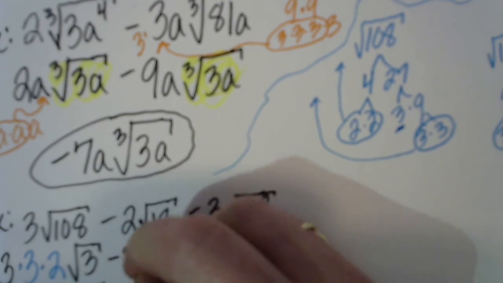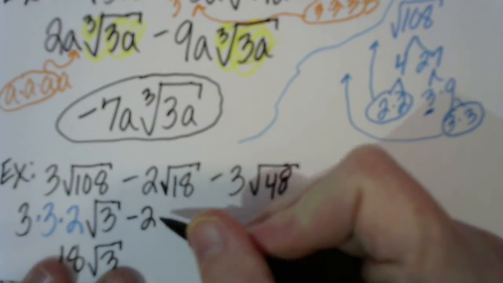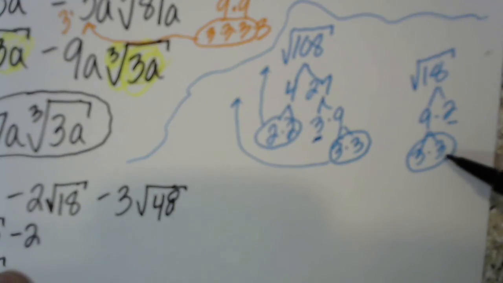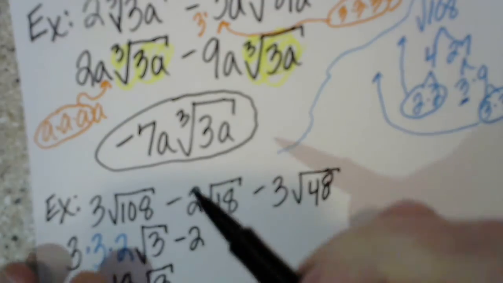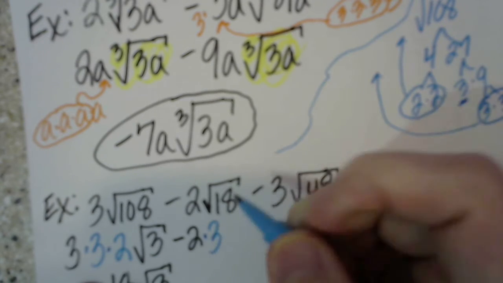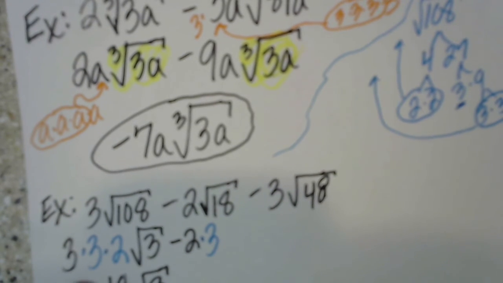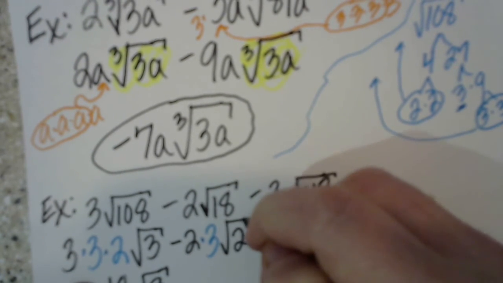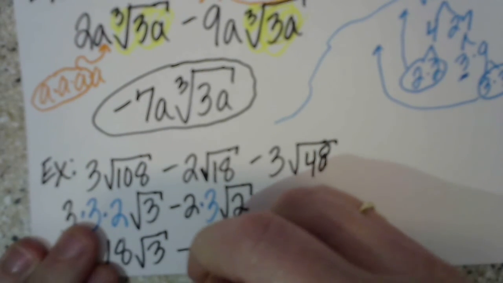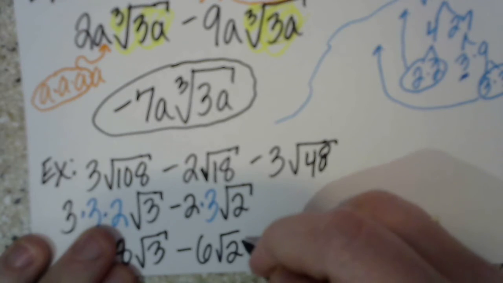I already had a 2 there. Right? I already had a 2. But I can bring this 3. And I'll leave the other 2 on the inside. So this is going to be times 3. And the 2 stays on the inside. So that's going to give me minus 6 radical 2.